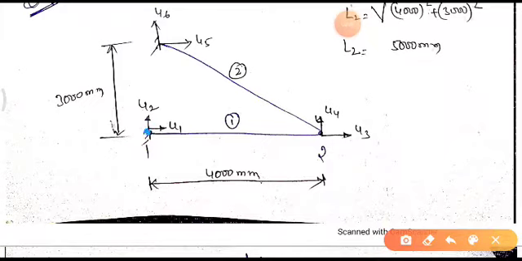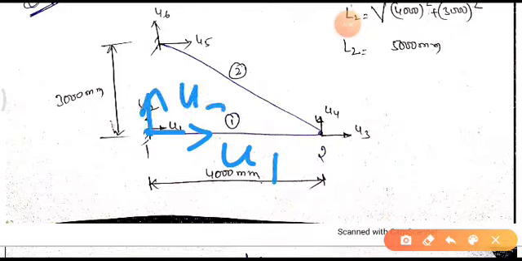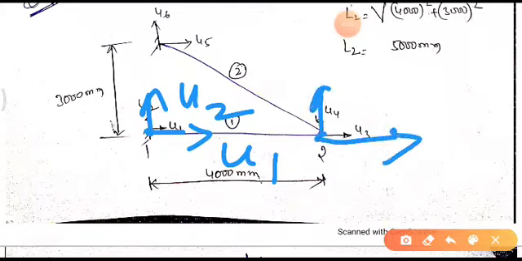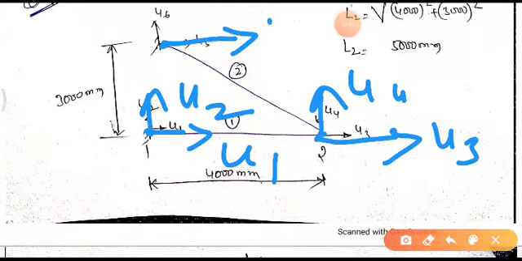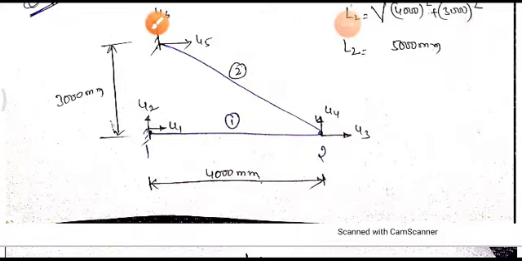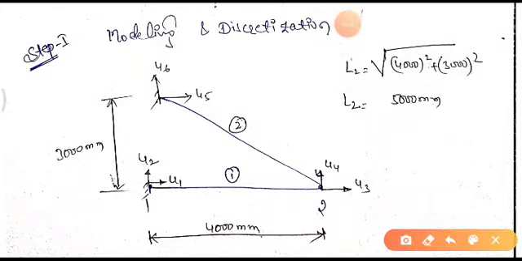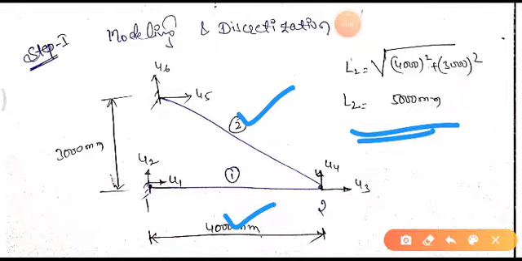In the first node we have displacement u1 along the x-axis and u2 along the y-axis. Similarly, in the second node we have displacement u3 in the x direction and u4 in the y direction. In the third node we have displacement u5 in the x direction and u6 in the y direction. The length of the second element we have calculated earlier as 5000 millimeter, and the length of the first element is 4000 millimeter.